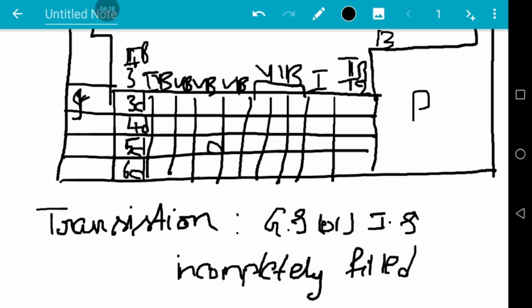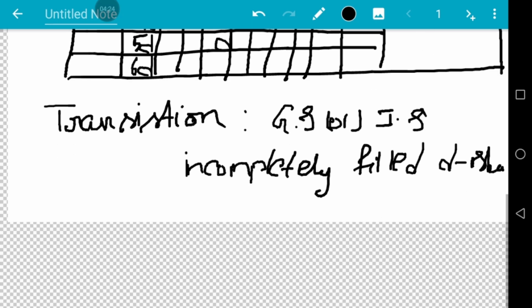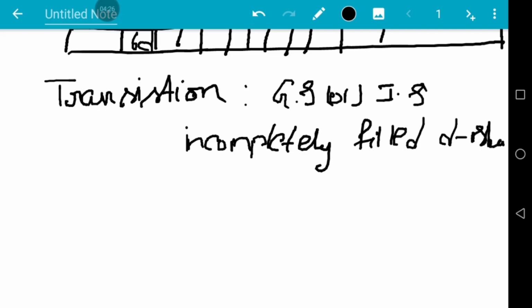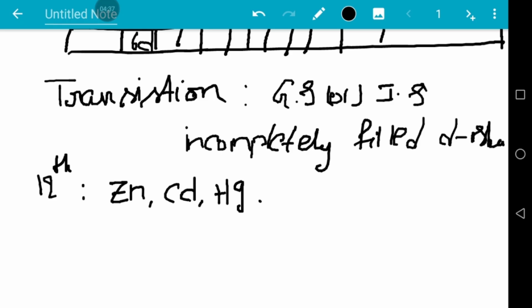Now, in the 12th group, if you observe, what are the elements? That is zinc, cadmium and mercury. These elements have d10 configuration. They are present in the 12th group, or 2B.